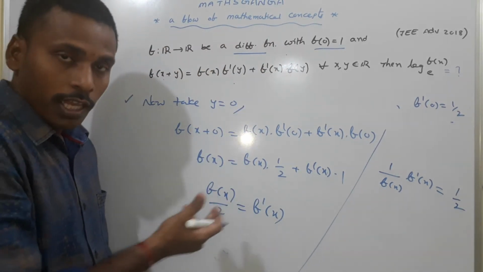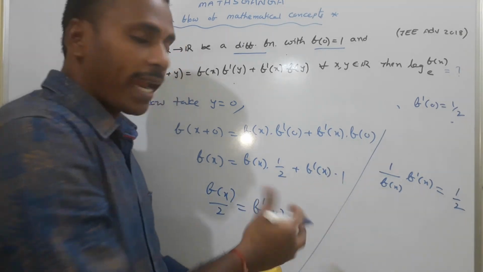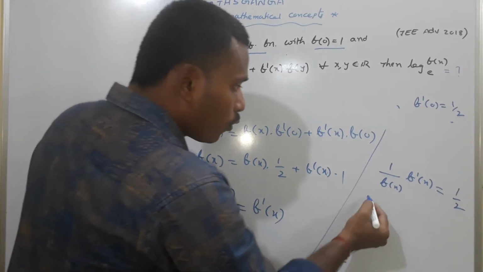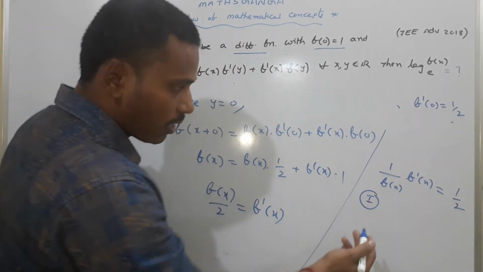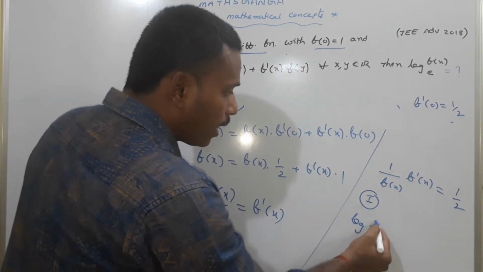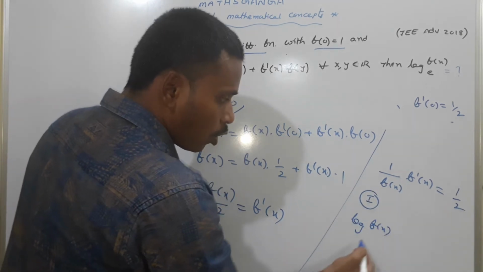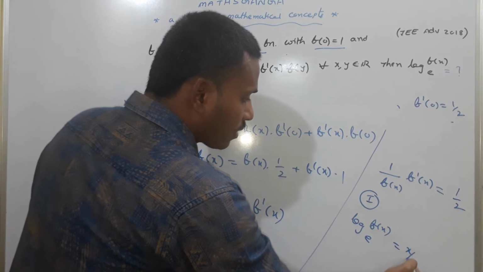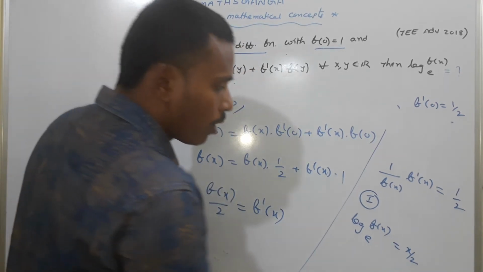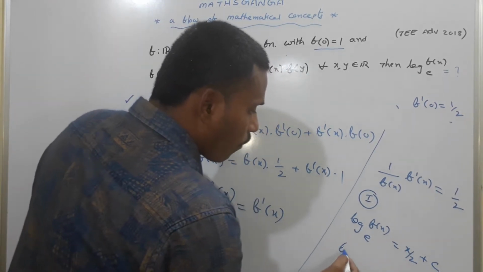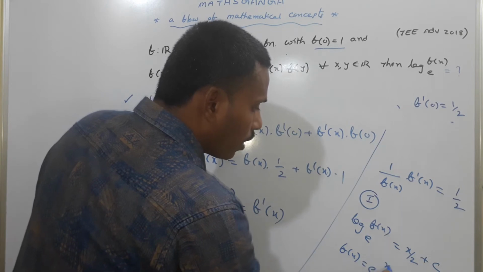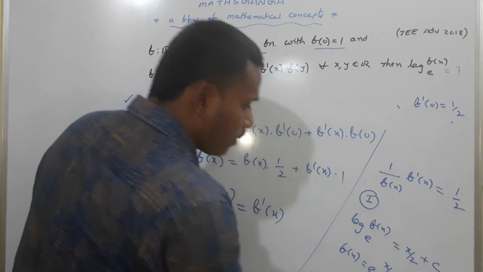Now if you integrate on both sides with respect to x, the left side will become log f of x to the base e, whereas the right side is nothing but x by 2 plus some c. So f of x is nothing but e power x by 2 plus c.